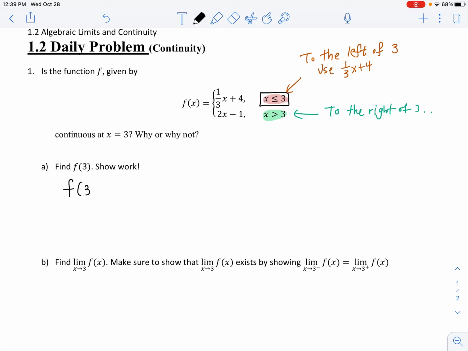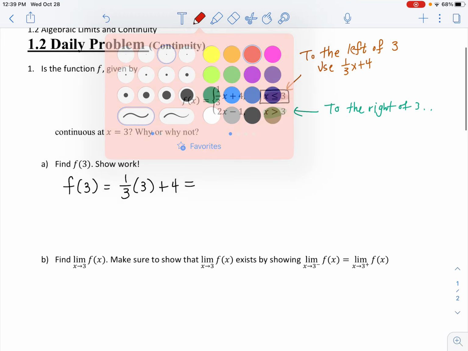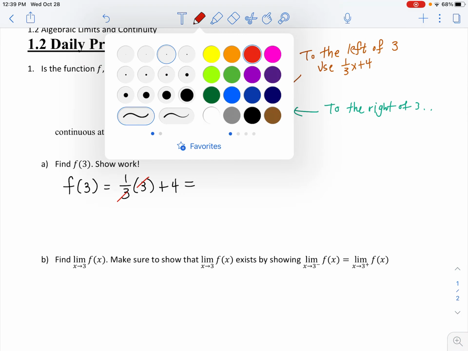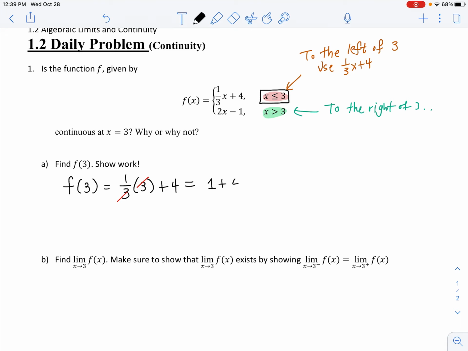You have to plug 3 into the top piece. There's only one piece that you're allowed to plug in, not both of them. If I plug in 3 in there, this 3 cancels out. 1 plus 4. I got f of 3 is equal to 5. It is defined at 3 and the function value is 5.